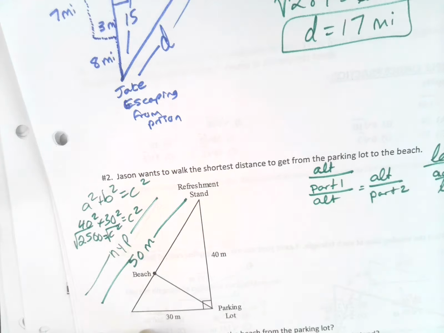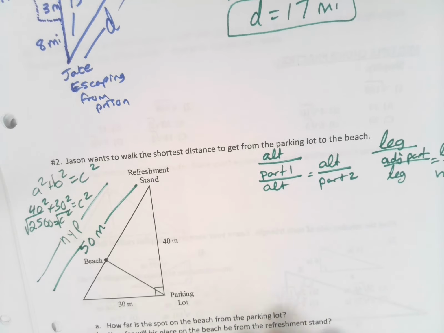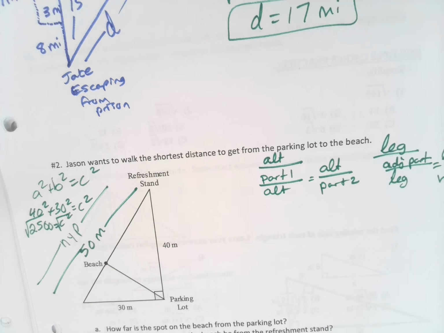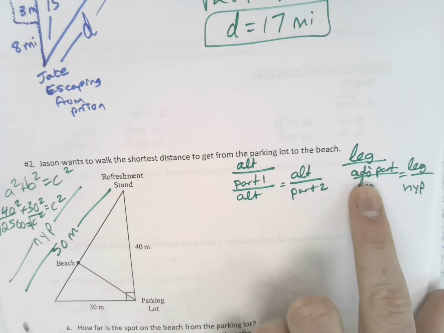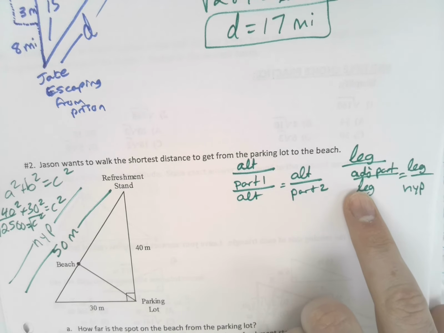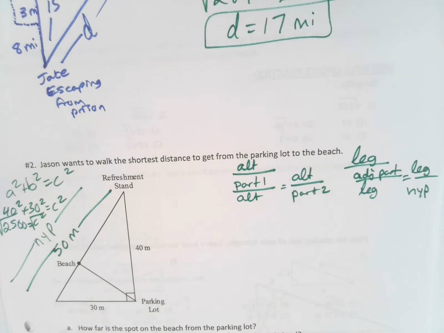So that's our height. Now I'm going to let you guys see if you can take it from there. This is going to be a little tricky though because we still have to find our pieces. So you may have to use the leg formula, but instead of finding the leg, we'll have to be finding the adjacent parts. You see what I'm saying?